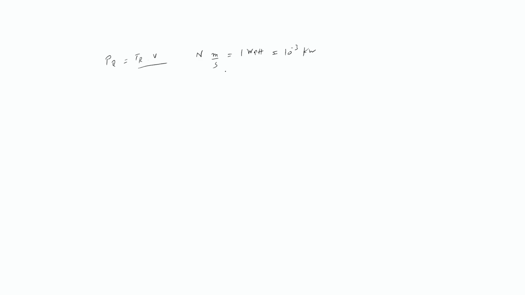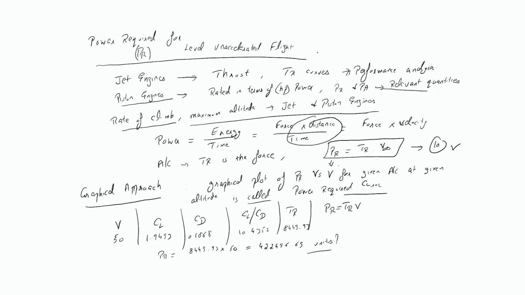So whatever answer that we have obtained, that was Newton meters per second or watt, you just have to multiply by 10 power minus 3 to convert it to kilowatt. So this becomes 422.496 kilowatt. Okay, so here we will get 422.496 kilowatt.